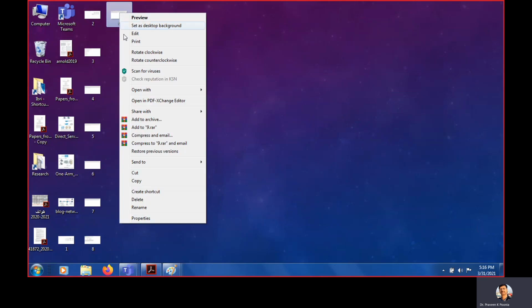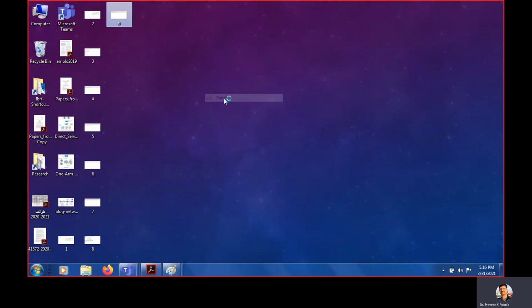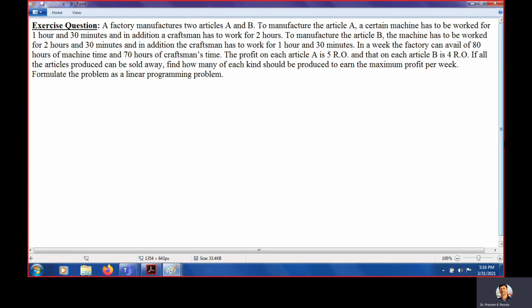Now we are moving towards the last question. And what is the last question? If you read this question, this is an exercise problem. A factory manufacturing two types of articles, A and B. There are two types of articles.